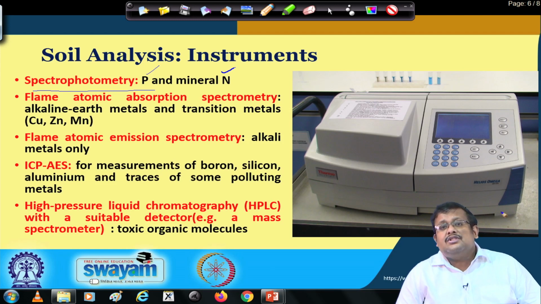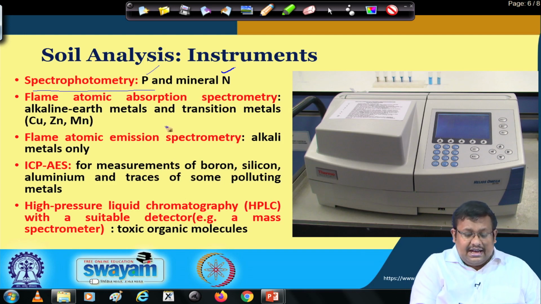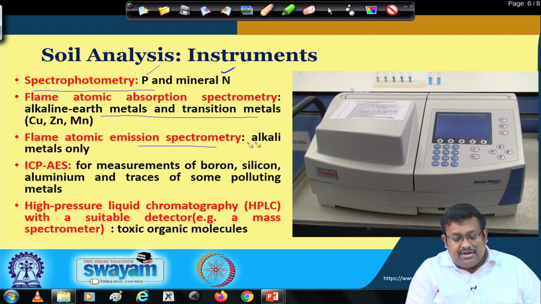This UV based spectrophotometer is used for measuring different soil parameters. Apart from that, flame atomic absorption spectrometry is also used for determination of alkaline earth metals and transition metals like copper, zinc and manganese. Flame atomic emission spectrometry is basically used for alkali metals.